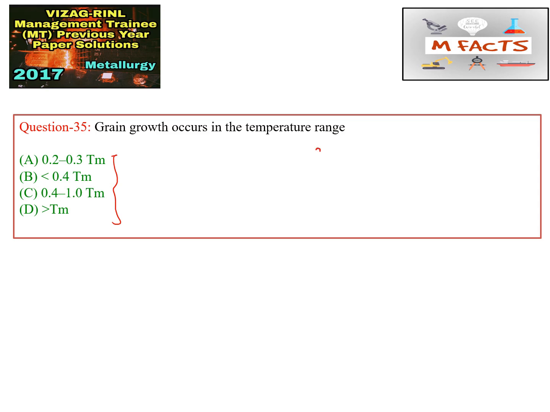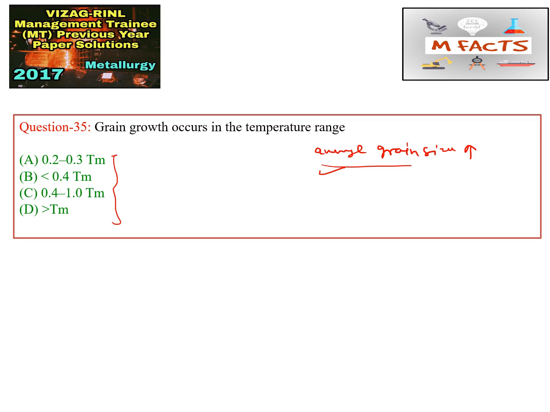Okay, so average grain size will increase on further annealing. This happens after all the cold worked material has recrystallized.